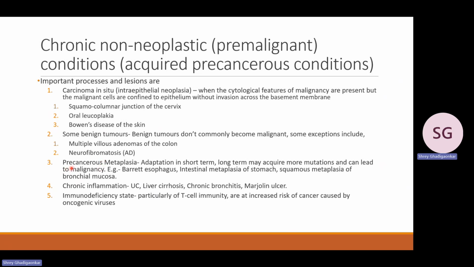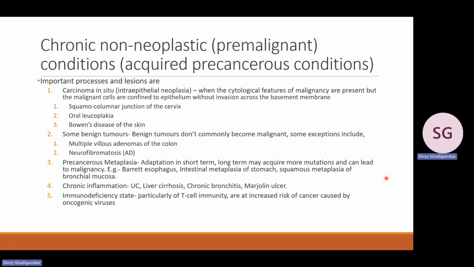You can also have precancer metaplasia. So it's basically adaptation in the short term, but in the long term, it may acquire more mutations and can lead to malignancy. Certain examples of this are Barrett's esophagus. As you know, Barrett's esophagus is basically metaplasia of the lower portion of the esophagus from the normal stratified squamous epithelium to the intestinal simple columnar epithelium with goblet cells.